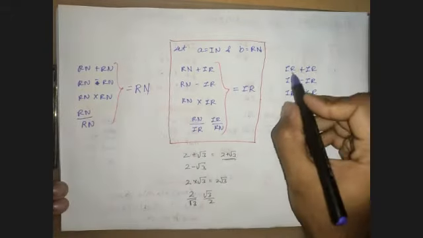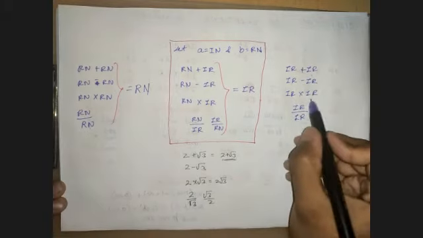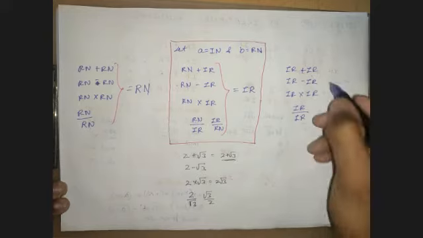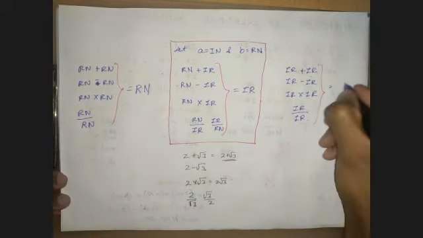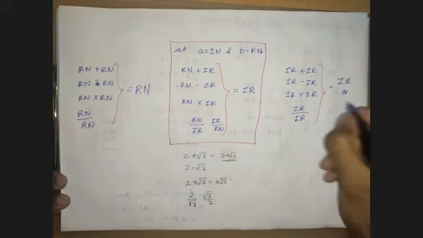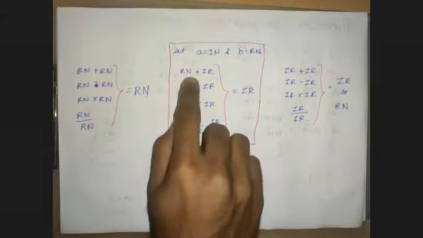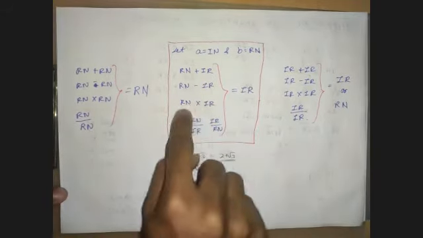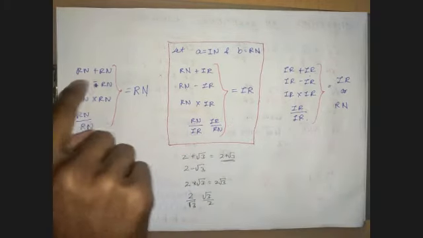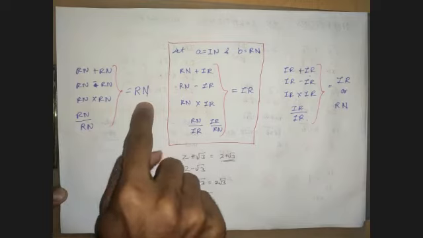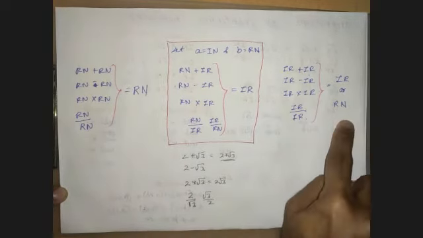And in this case, irrational plus irrational, irrational minus irrational, irrational into irrational, or division of irrational numbers would fetch me an irrational number or a rational number. Are we clear with this? When I do operations with a rational and irrational, I get irrational. When I do operations with only rational, I get rational. When I do operations with only irrational, I may get irrational or rational.